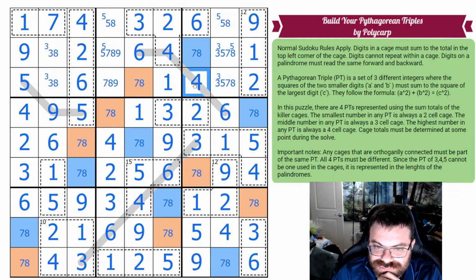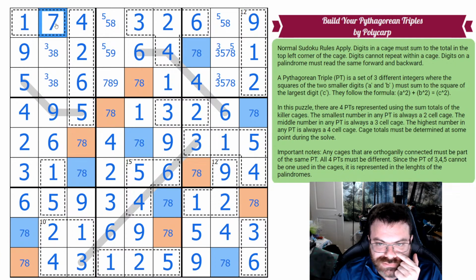This one's blue. So this sees blue and orange, so it's not 7 or 8. So it must be this 7 up here that's going to give us everything. One of these is orange, not this one.